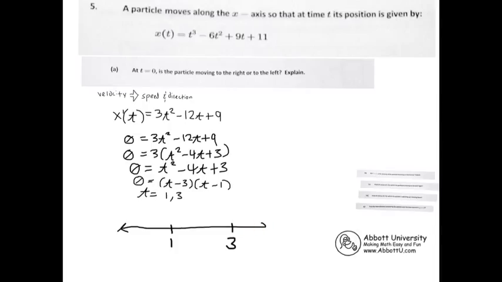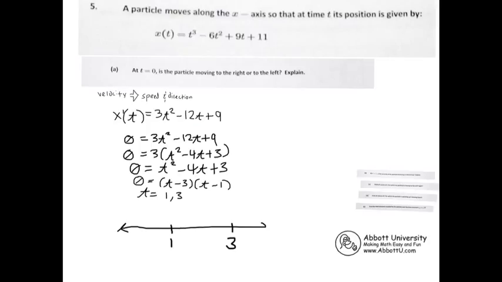What you could do is take test numbers, like for example we could test the value 0, plug it back into this equation, and find out what the function would equal as a result of substituting 0 in. And really all you're concerned with is whether it's positive or negative. It doesn't matter what the number is.